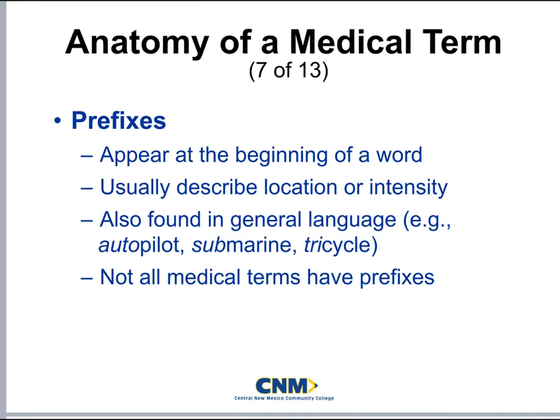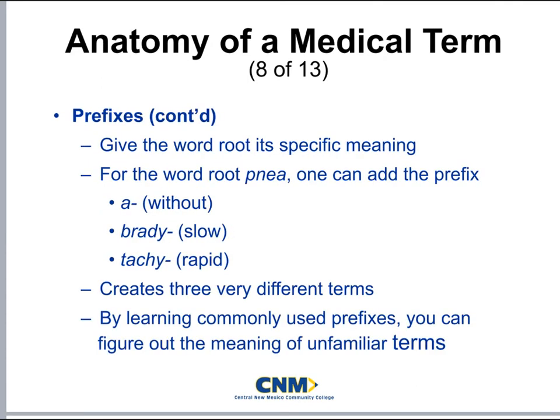Prefixes appear at the beginning of a word. They usually describe location or intensity. They are found in general language. Here's some examples. And not all medical terms have prefixes. Prefixes help give the root word or word root its specific meaning. So here's an example.